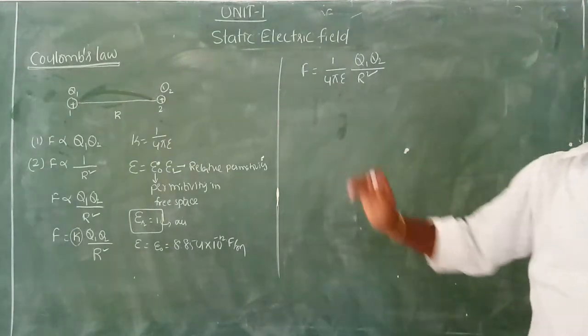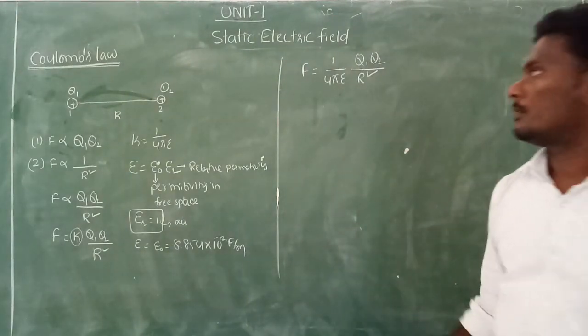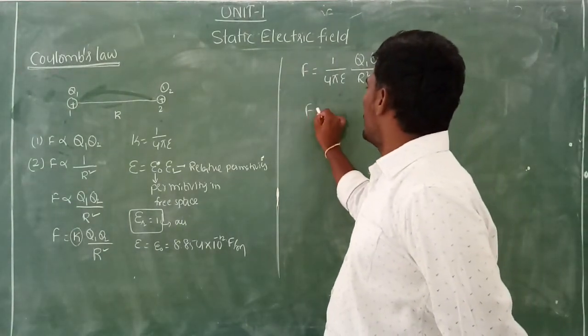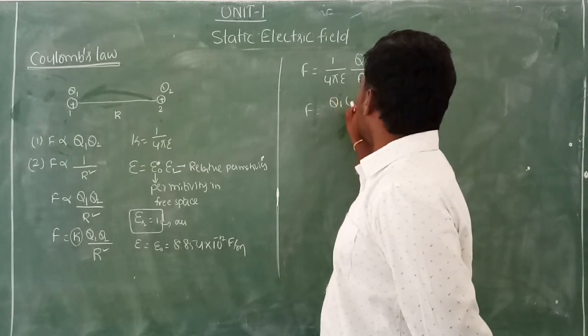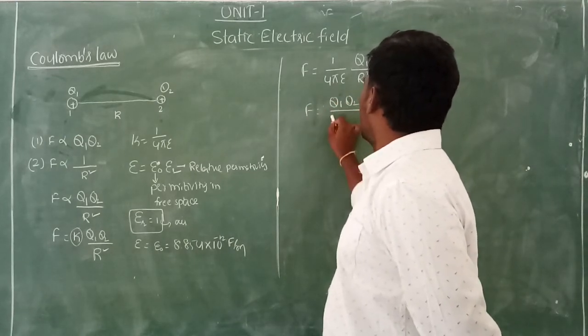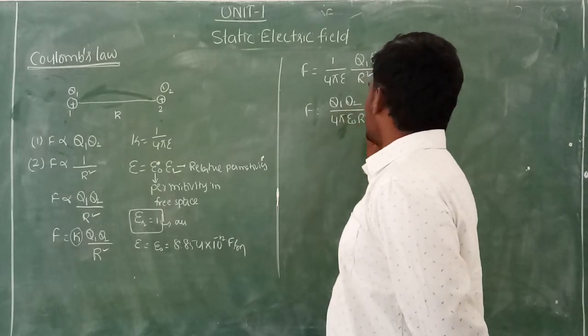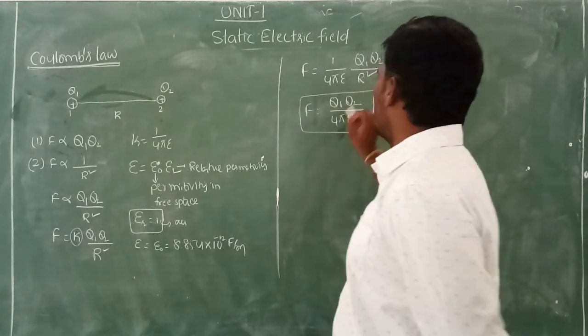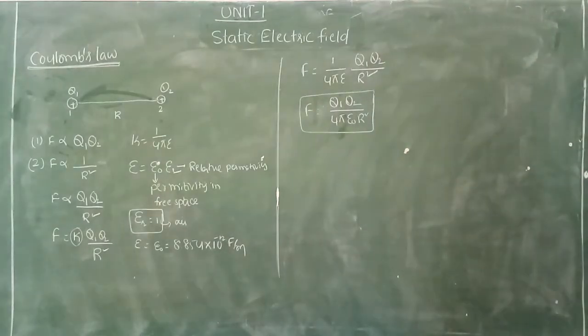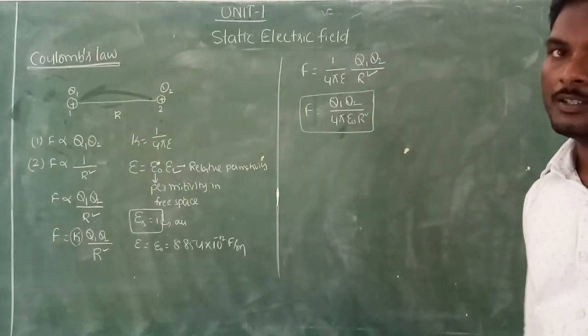Why? Because I am placing my point charges in free space. So F is equal to q1 q2 by 4 pi epsilon naught r square. This is the simple force expression for two point charges in free space.